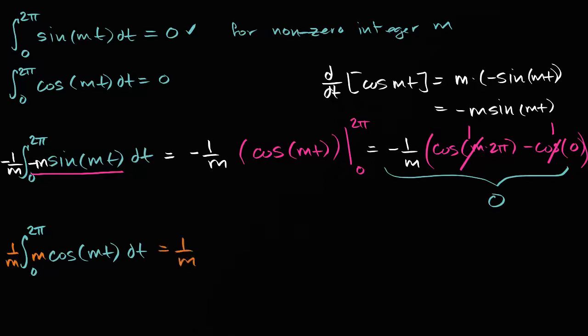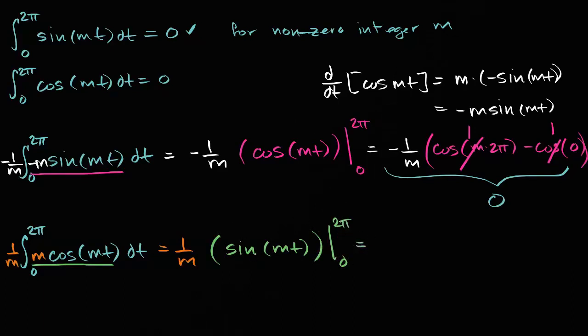The antiderivative of this right over here is sine of mt. Notice the derivative of sine of mt is m cosine mt. And we're going to evaluate that from 0 to 2 pi.